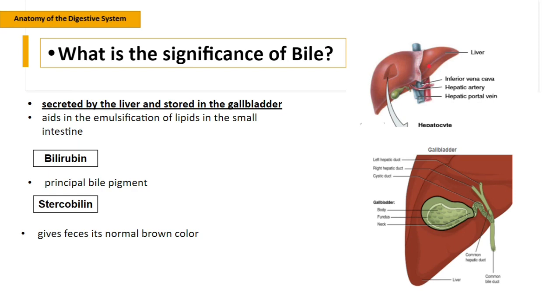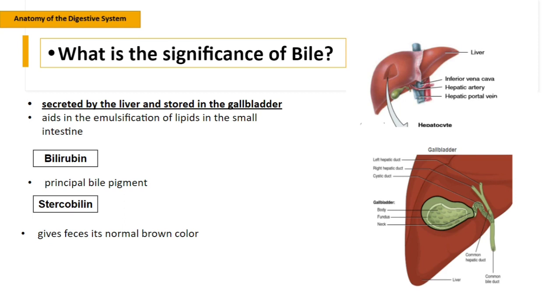Okay, inside the digestive system, there is actually a substance known as bile. So what is the significance of our bile? The bile is actually secreted by the liver and it is stored in the gallbladder. I repeat, please do take note of this. There are students who are getting confused kung saan ba talaga napoproduce ang ating bile. Minsan kasi napagpapalit nila na pag sinabing bile, gallbladder agad yung naiisip nila.